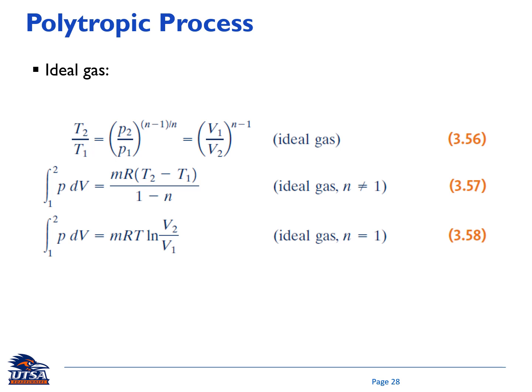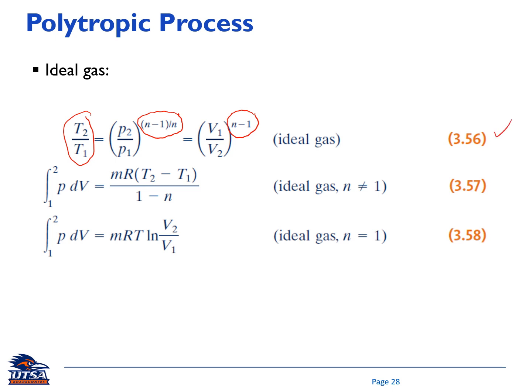This shows the relationship of the temperature ratio to the pressure ratio, with the power n minus 1 divided by n. The temperature ratio can also be formulated as the volume ratio to the power of n minus 1. Once again, equation 3.56 is for ideal gas.